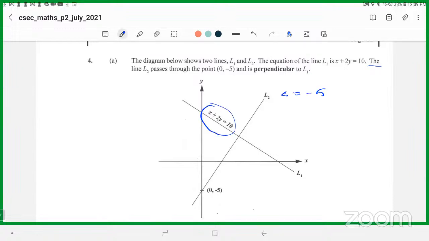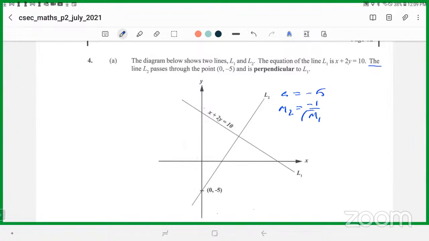They gave us the equation of line 1, so we can get the gradient from this line. And because they are perpendicular, the two lines have negative reciprocal gradients. So since we don't know the gradient of line 2, we can say that the gradient of line 2 is going to be equal to -1 over the gradient of line 1.